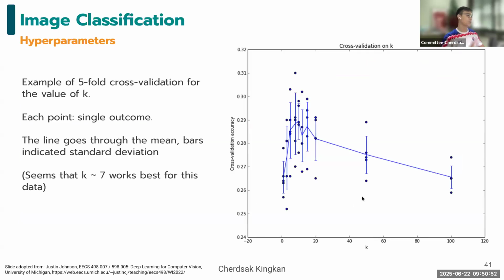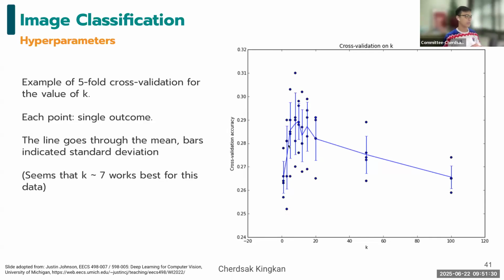So this is just to show you what accuracy you can get if you're using cross validation and trying different values of K with 5-fold cross validation. You just keep changing the K and checking the accuracy. For example, each dot along the x-axis here represents the accuracy of the same K but a different fold, right?